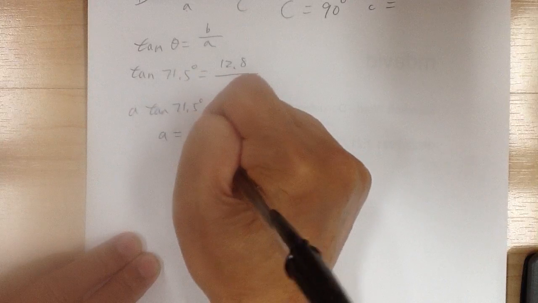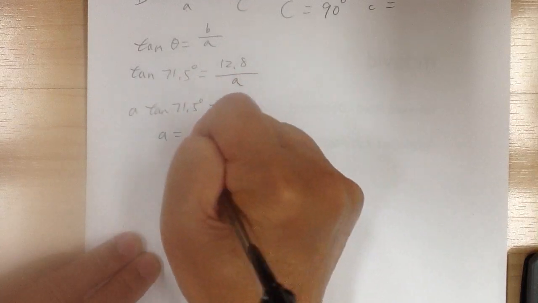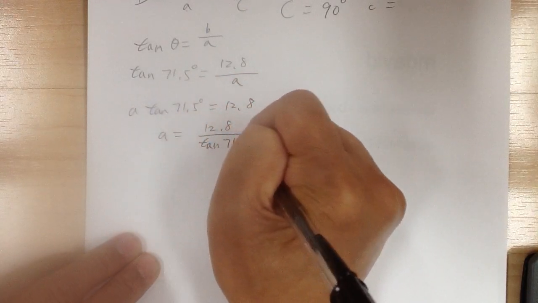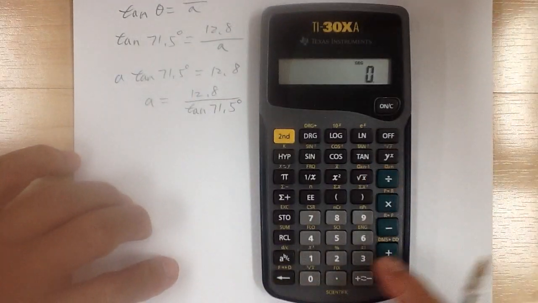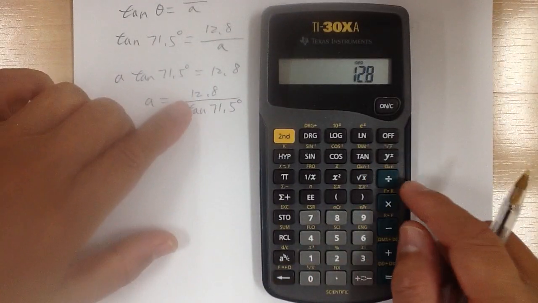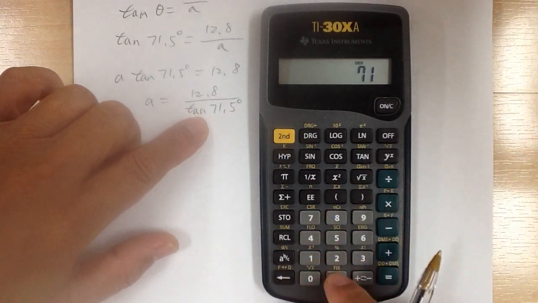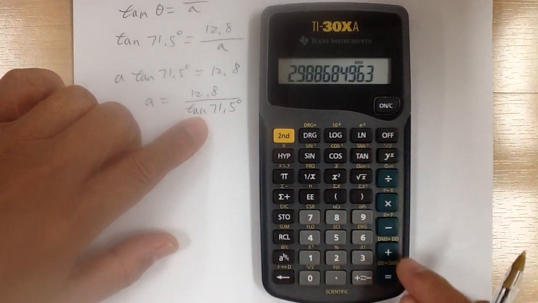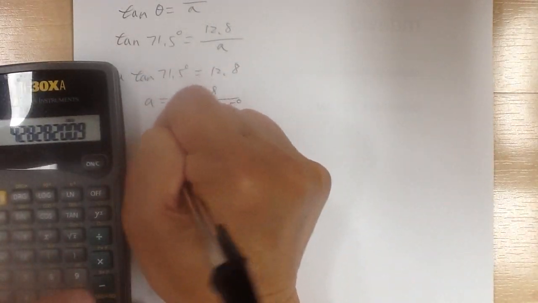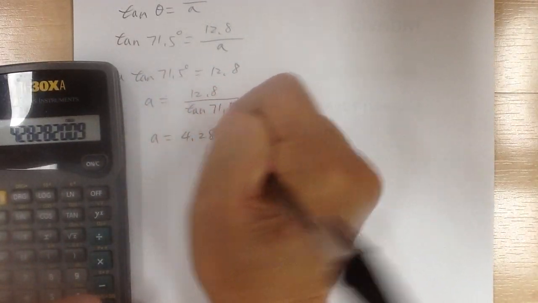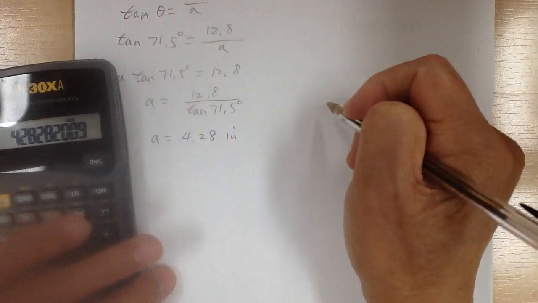So A equals 12.8 divided by tangent of 71.5 degrees. Get your calculator. 12.8 divided by tangent of 71.5 degrees equals 4.28, and the label is inches.